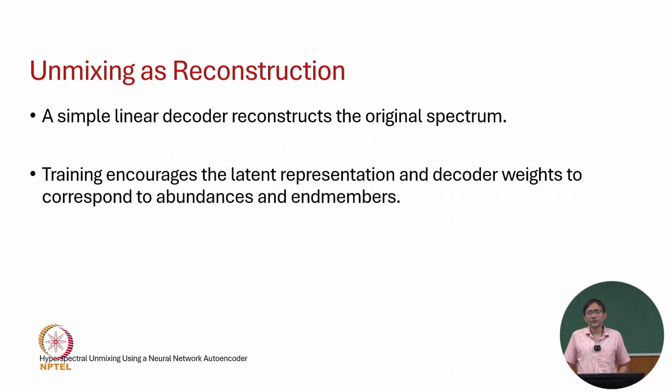So these are the two unknowns that we mentioned, right? The abundance and the end members. The latent representation gives us the abundance, and the decoder weights help us provide the end members. However, we have to understand that we are working with a simple linear decoder to reconstruct the original spectrum.